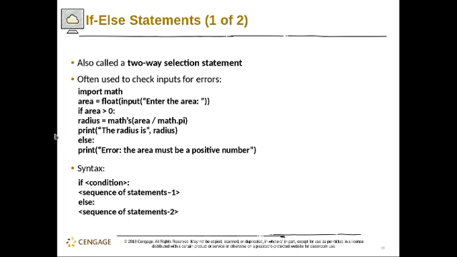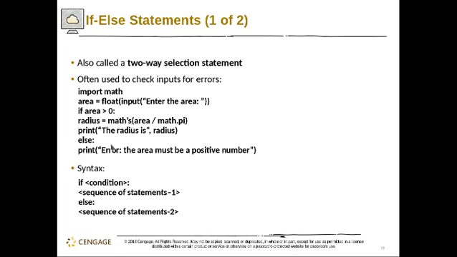So basically the syntax for the if-else: you have the if, and then you specify your condition, the Boolean condition, in this case the area must be greater than 0, and then the sequence of statements in the if, and then else at the end.